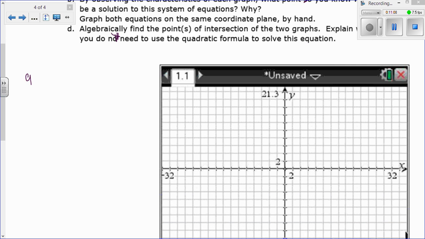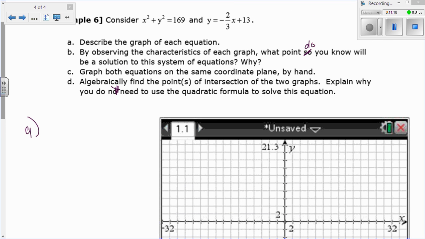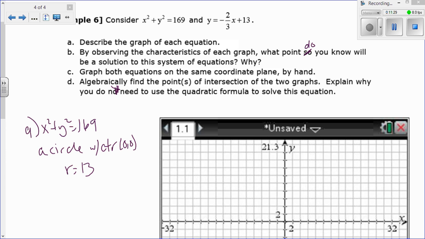So for A, it's asking you to describe the graph of each equation. Well, x squared plus y squared equals 169 is a circle with center 0, 0, and radius of 13. So take the square root of 169.